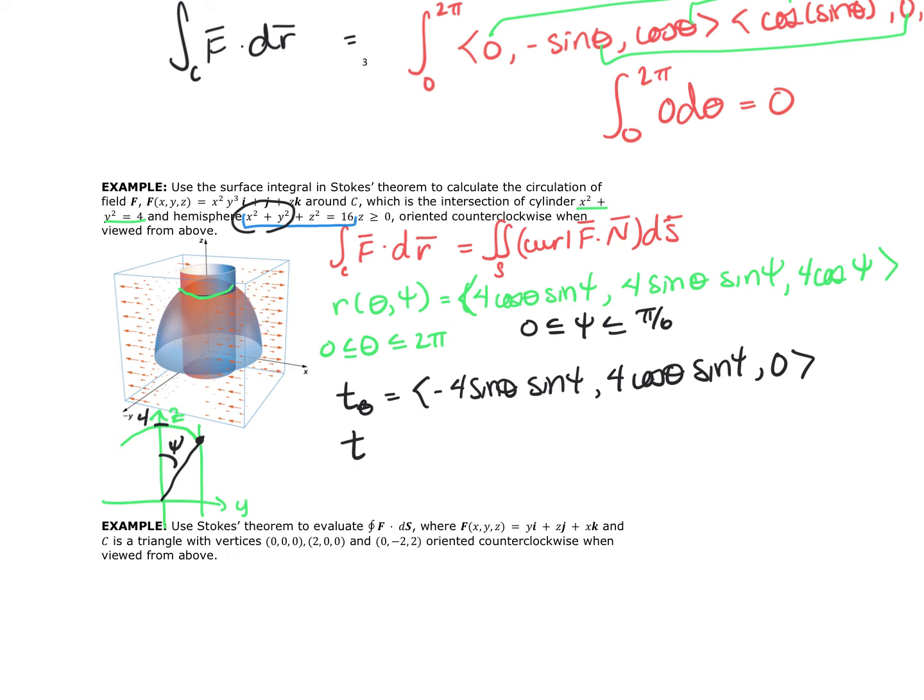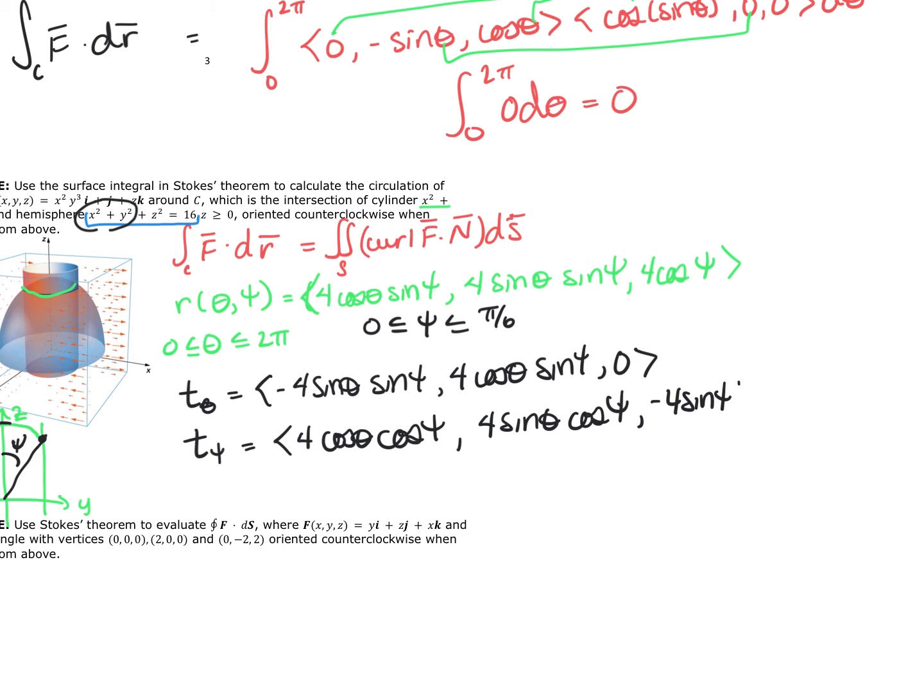My tangential vector with respect to phi is going to be 4 cosine of theta cosine of phi, 4 sine of theta cosine of phi, and then negative 4 sine of phi. And that's it.